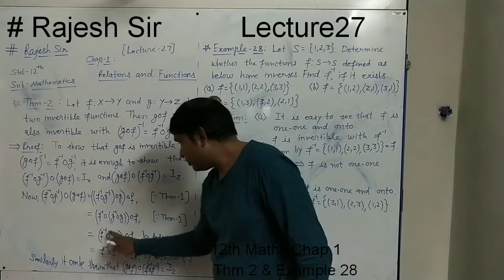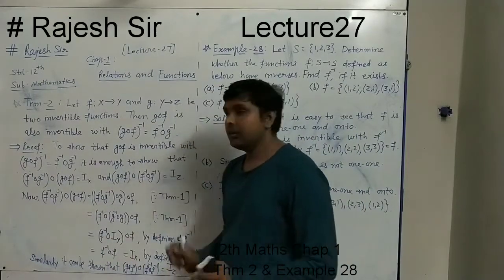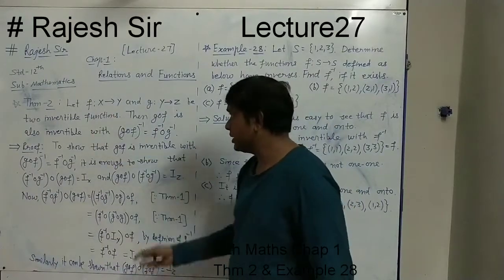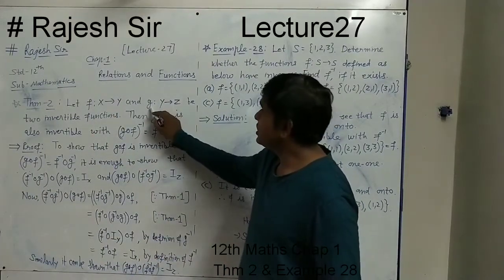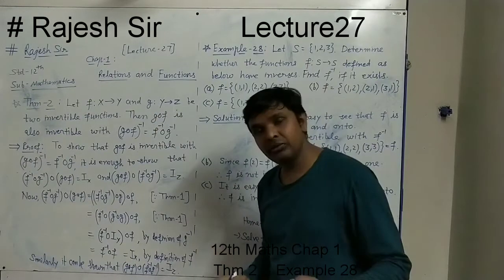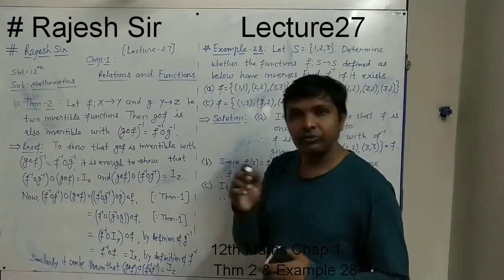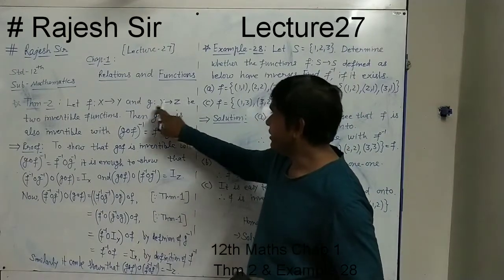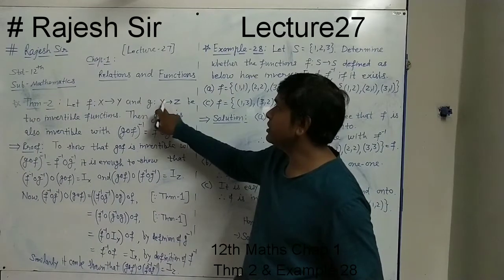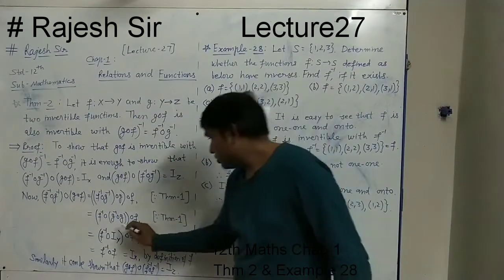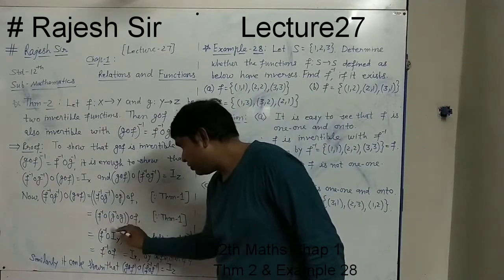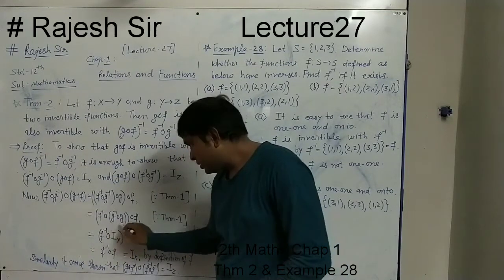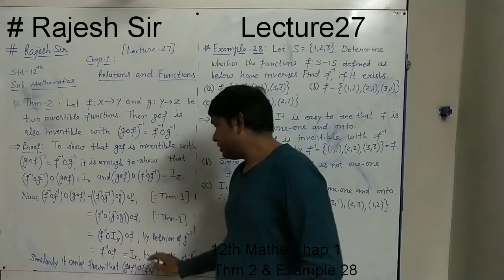Now f inverse of g inverse of g: because g is an invertible function, given, and f is also invertible, by definition g inverse of g equals Iy, because g's domain is Y. So g inverse of g by the definition of inverse function will be Iy. Then f inverse of this means f inverse of Iy of f, as it is.